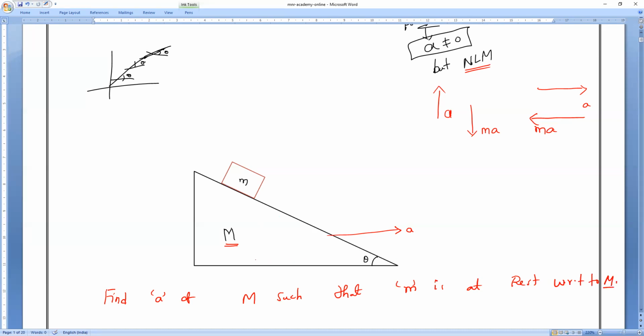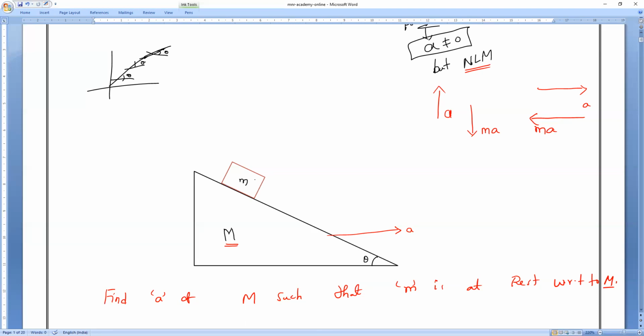For example, the inclined surface is pushed in the forward direction, so it is moving forward with acceleration a. But here the small m should not slide over it. Do you understand, all of you? What is the question? The small m should not slide over the inclined surface.